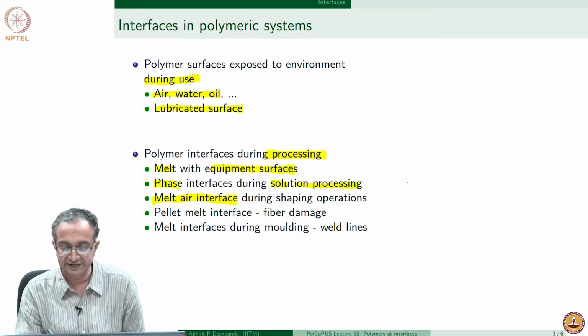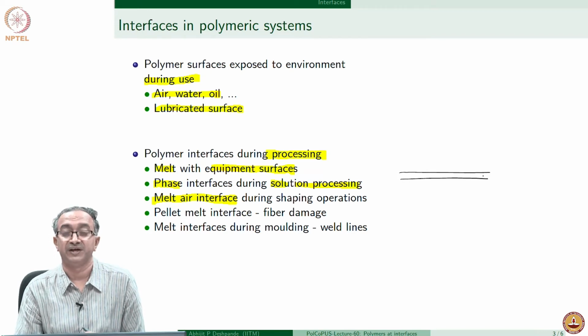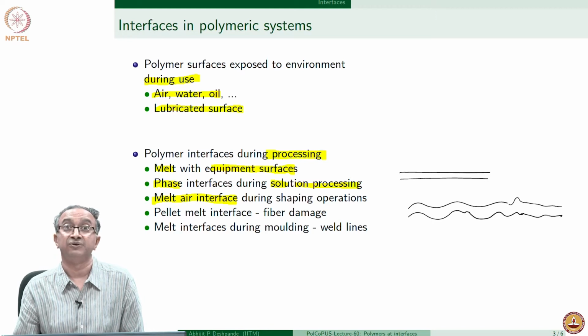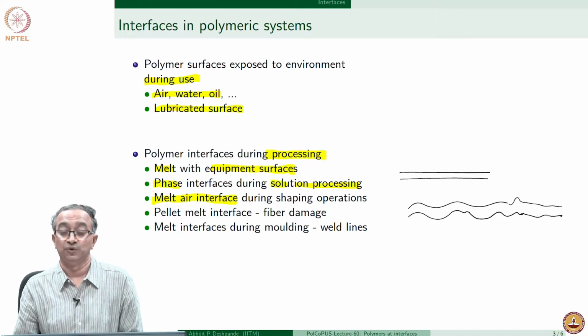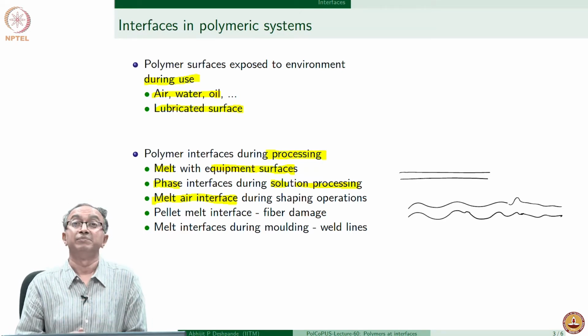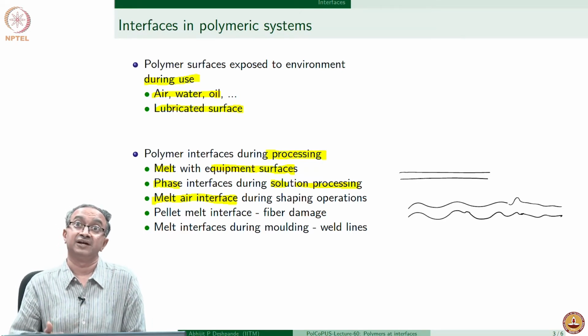I hope you can recognize that when a film is formed, it should be of uniform thickness. We do not want this air polymer interface to become like this, in which case we will get very non-uniform thickness.